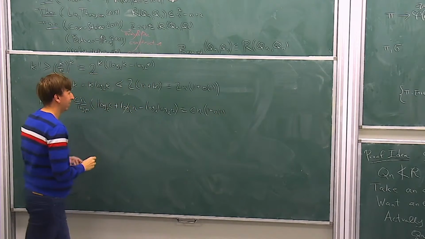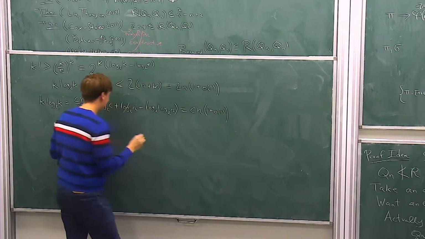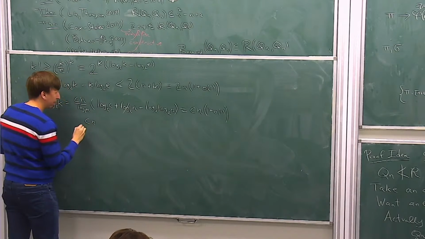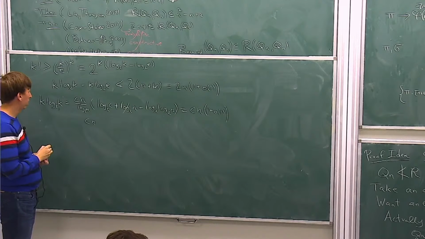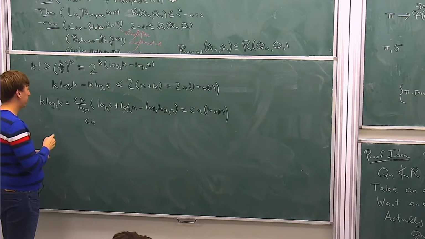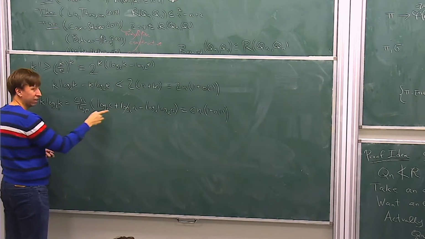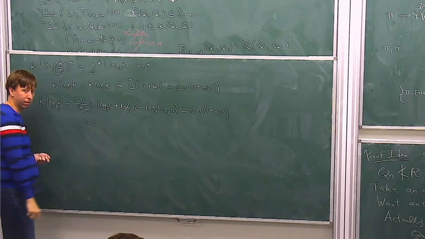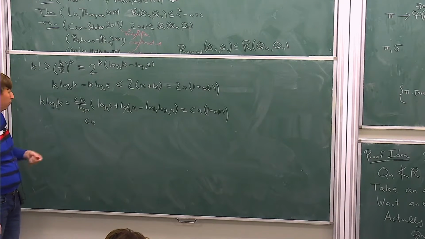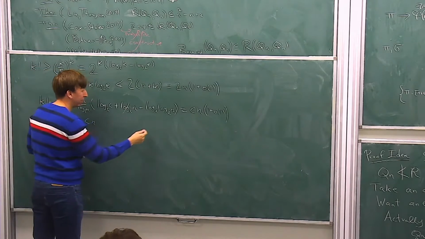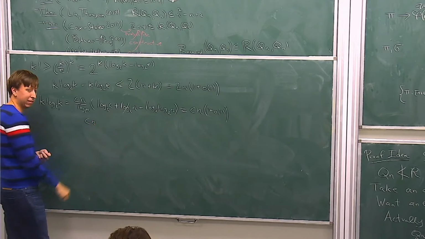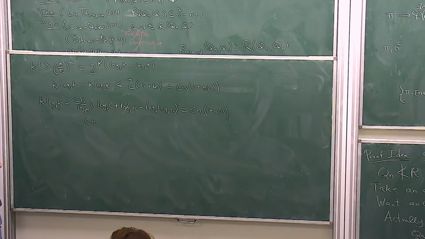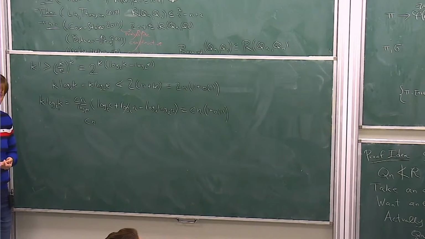Basically, what we get is that the log n cancels when we multiply. If you think of it as factoring out cn from these three terms, the only survivor is this, because the log n and the log n cancel.